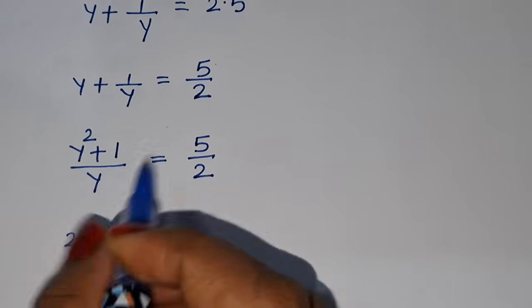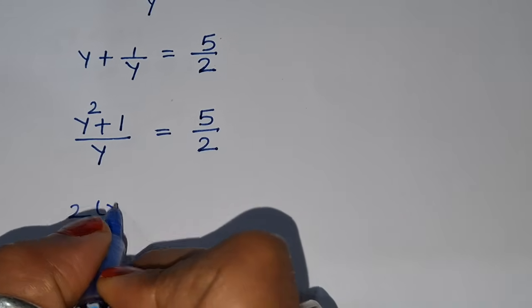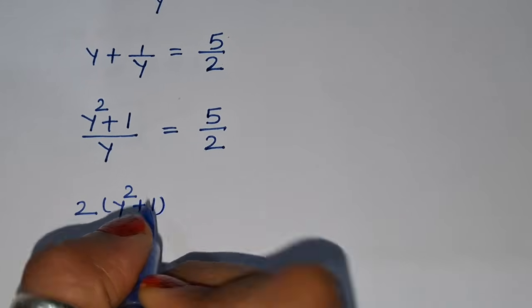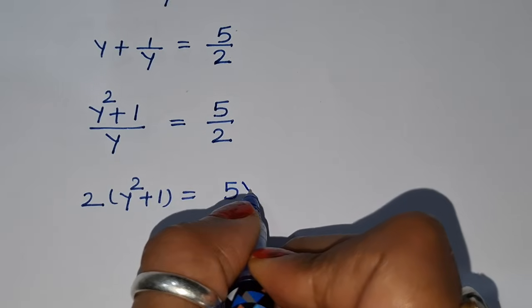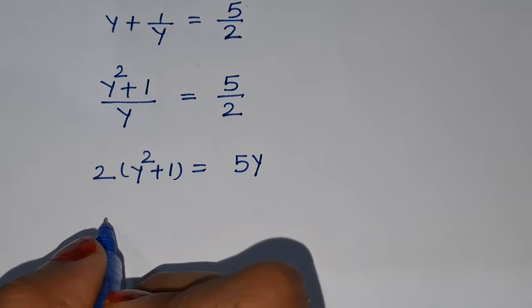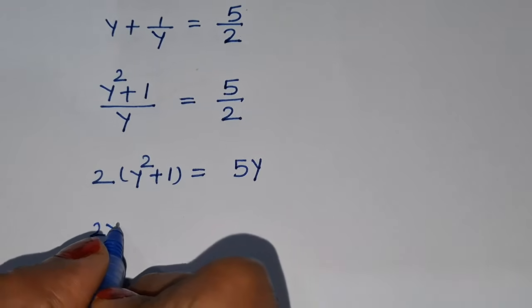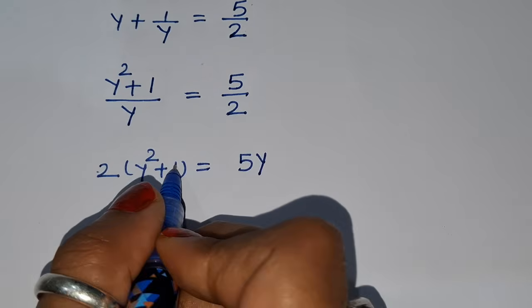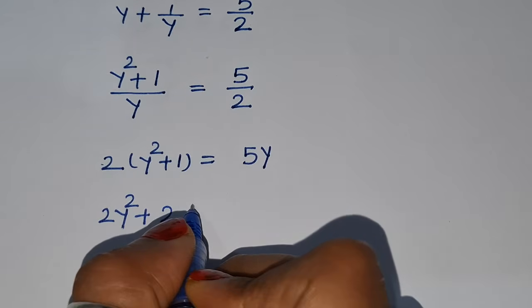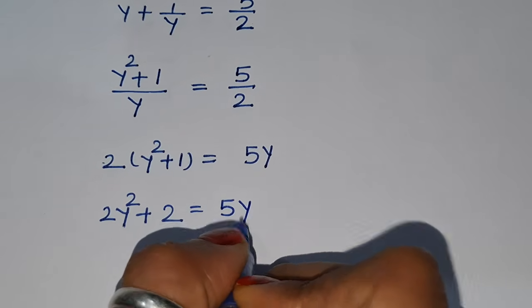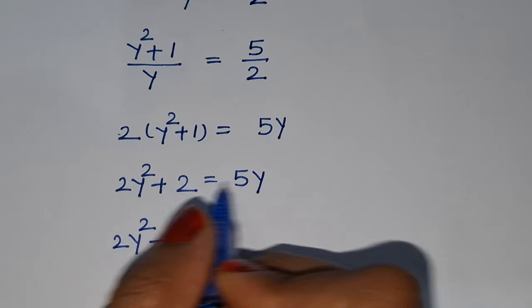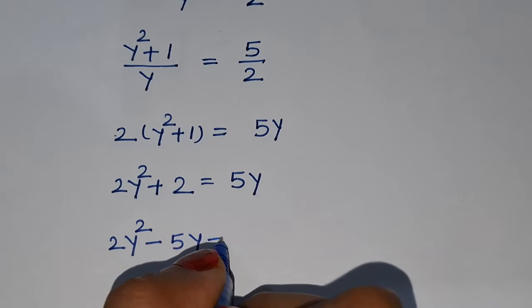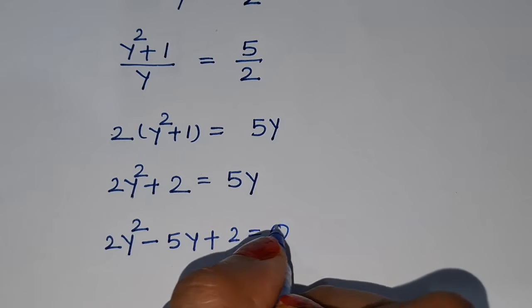So 2 times y square plus 1 is equal to 5y. Now 2y square plus 2 is equal to 5y, so 2y square minus 5y plus 2 is equal to 0.